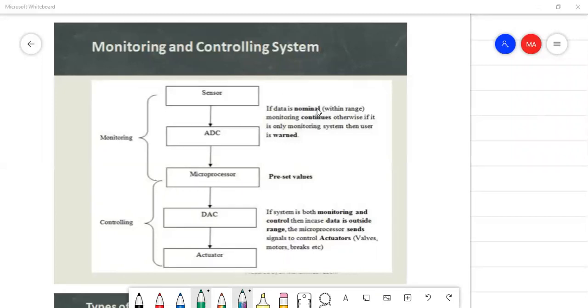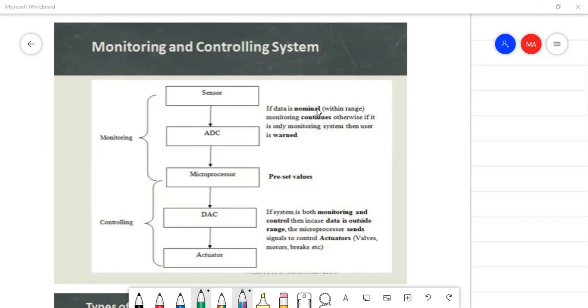So look at this slide, how a sensor actually receives a signal from the environment. Let's talk about the simple, normal scenario. If the system is working normally, then there is no need to receive a signal from the sensor. But if the condition is abnormal, it means the system is not working properly.